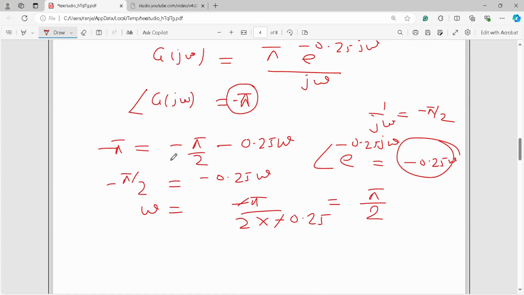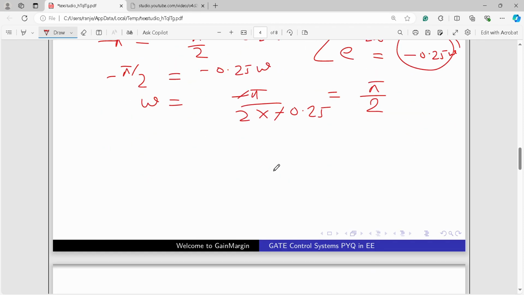Minus pi equals minus pi by 2 minus. I'm sorry, here it should be 0.5, not pi by 2.